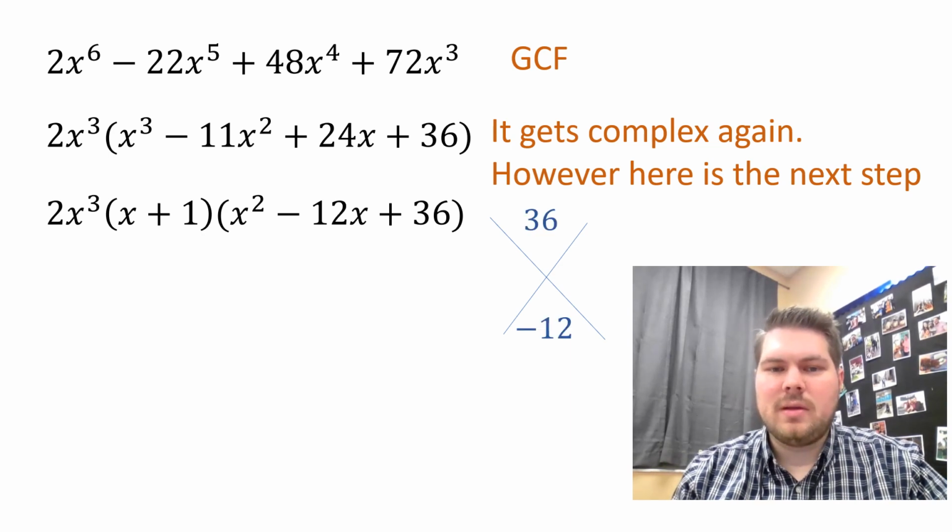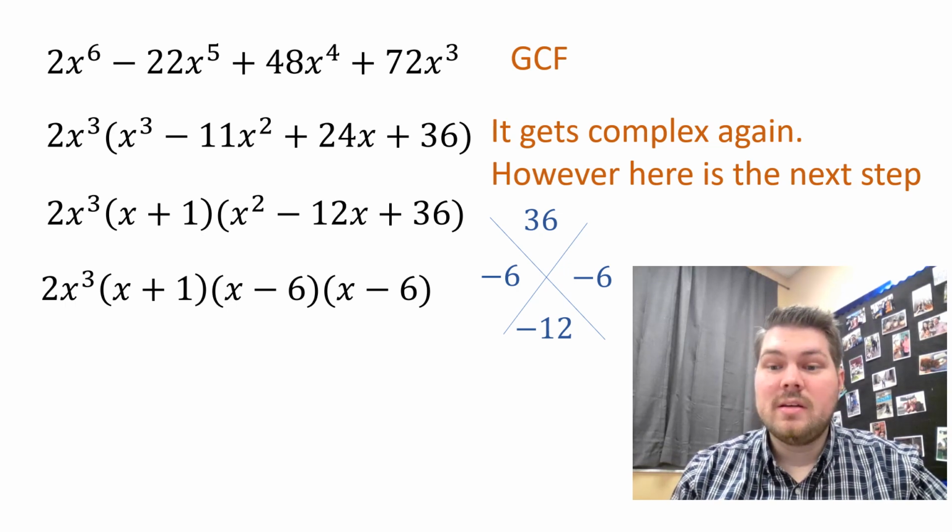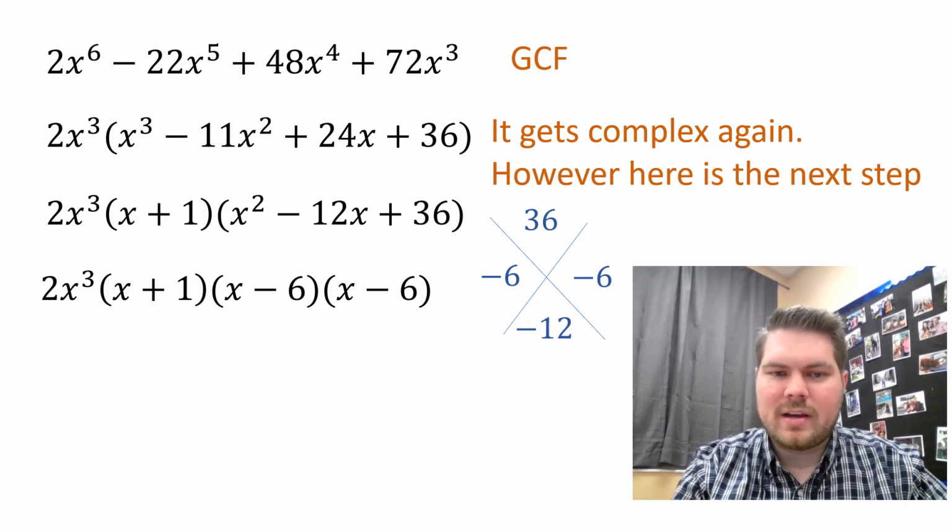We get -6 and -6, or x minus 6 times x minus 6. So you can see we have a multiplicity right here of x minus 6 twice, x plus 1 once, and x to the third, this is x times x times x, right?